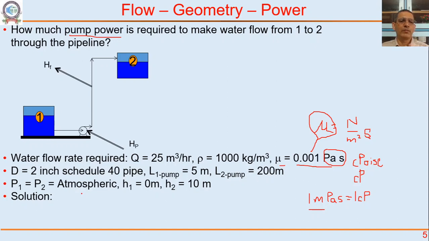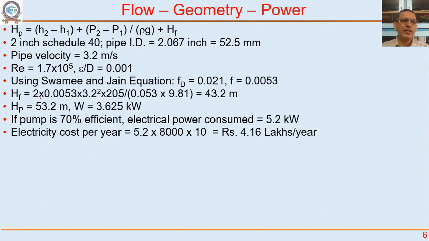P1 and P2 are both atmospheric, so P1 by rho g and P2 by rho g will cancel out. So write your Bernoulli equation in front of you and cancel out the terms as I am speaking. H1 is 0, right? So HP, the pump power, anyway this equation was there in the previous video, you can see for yourself.